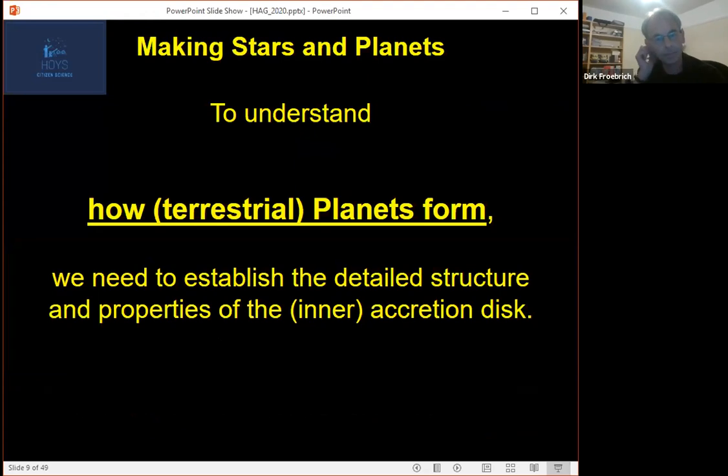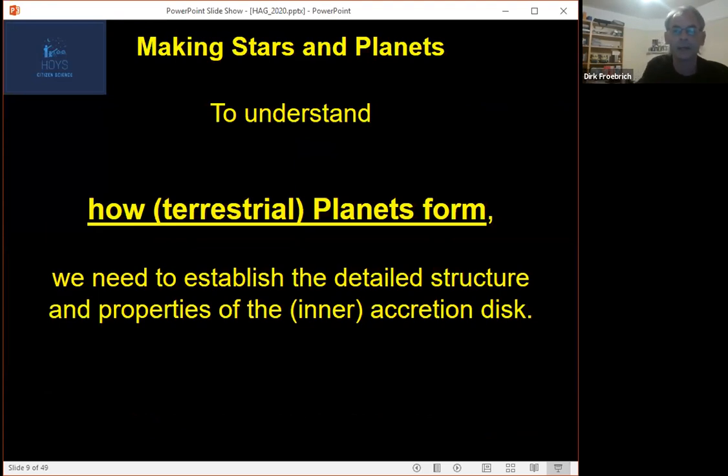So, as I said, we're interested in how planets are forming. I'm not really interested in how to make Jupiter. I'm interested in planets like the Earth, the terrestrial planets. And one thing we know is they form very close to the star itself. So the Jupiter-sized planets typically form much further out.